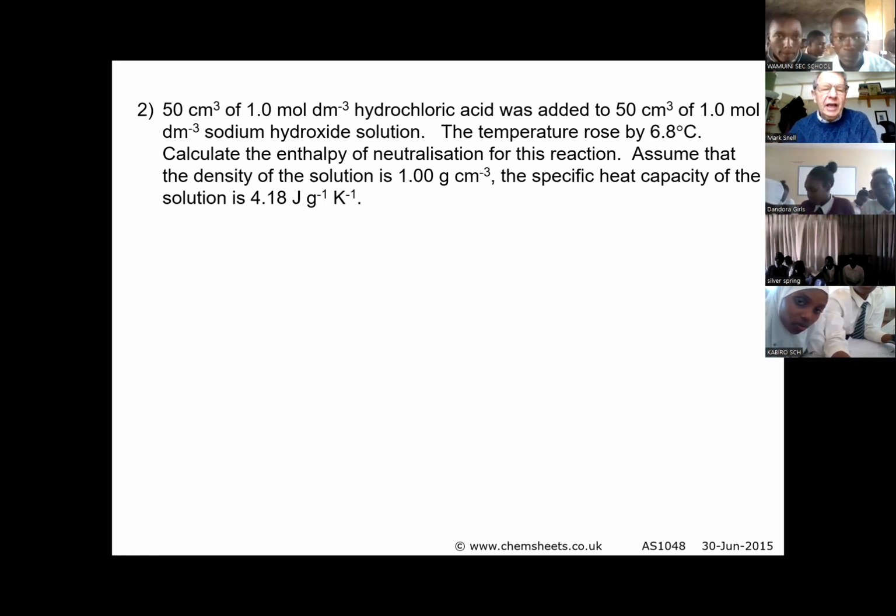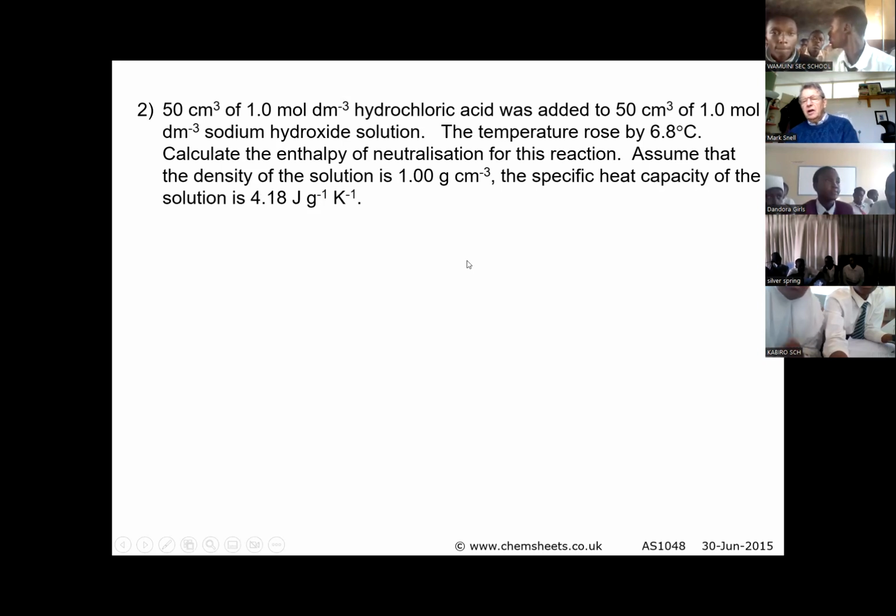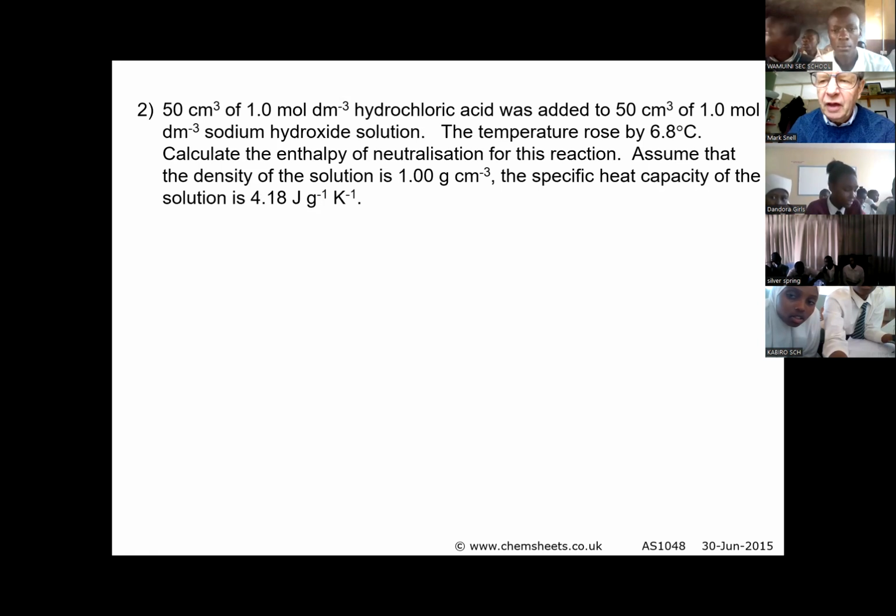So we're going to work out Q first. It will be the 50 plus 50 times C times delta T. And then we have to work out the number of moles of one or the other of the chemicals and divide by that. So we're going to work out Q first.